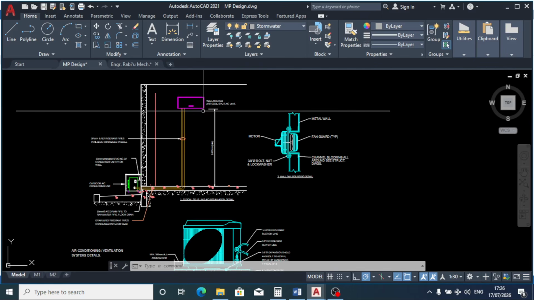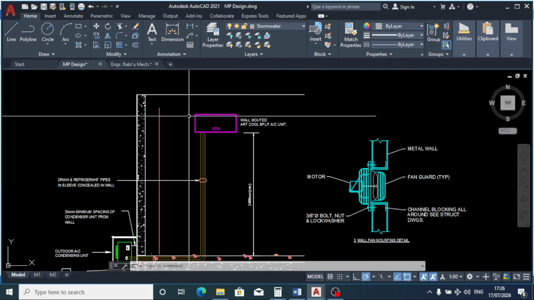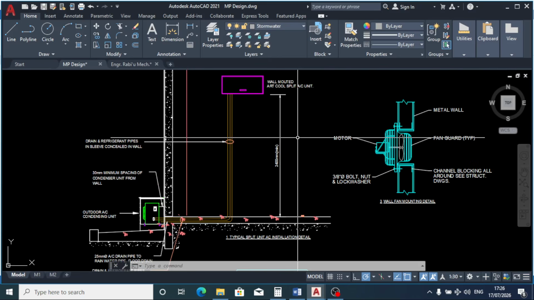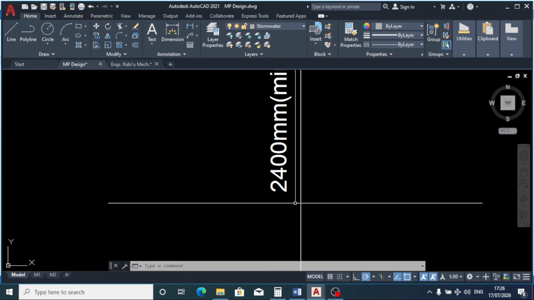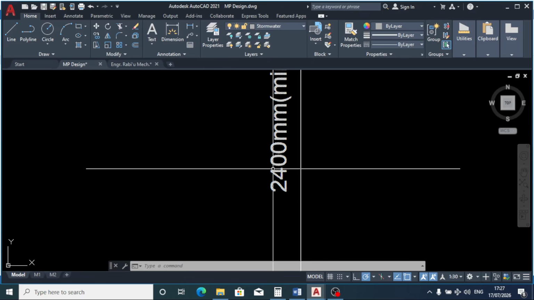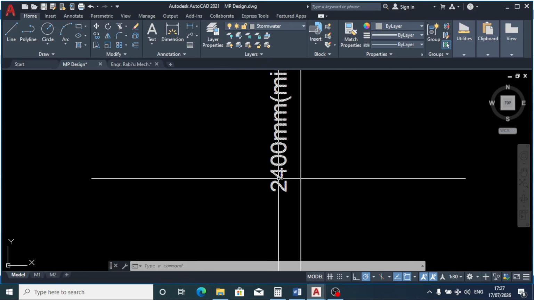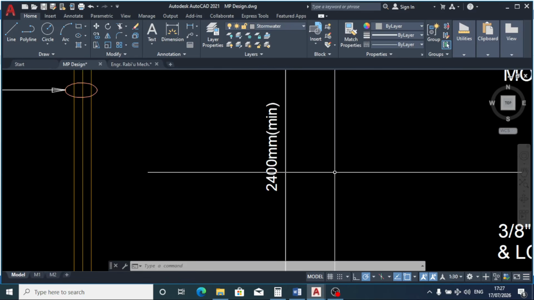This is the preferred height at which the wall mounted split AC is supposed to be from the finished floor level. You can see 2.4 meters height. You can either put it 2.1 meter height or 2.4 meter height. So 2.4 meter height is okay for efficient distribution of chilled air.